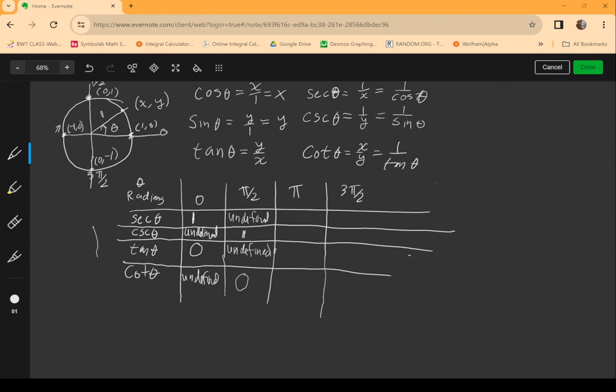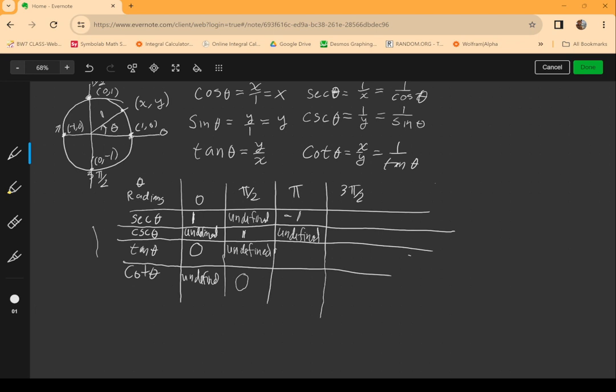Okay, now moving along, when we get to pi, the coordinates are (-1, 0), so x is negative 1. For our secant, we get 1 over negative 1, which is negative 1. But when we go to the cosecant, 1 over y, the y is now 0, not allowed, so we have undefined. For our tangent of theta, we get y over x.